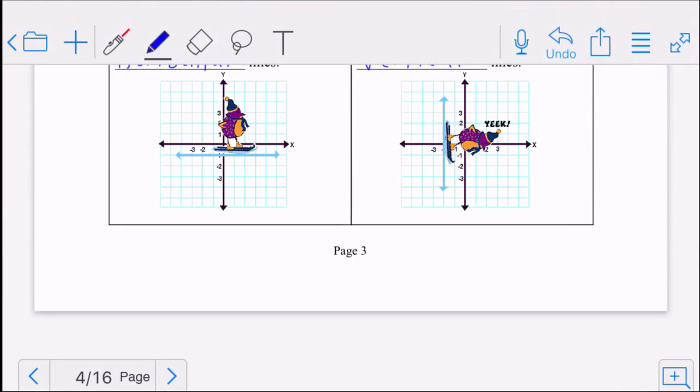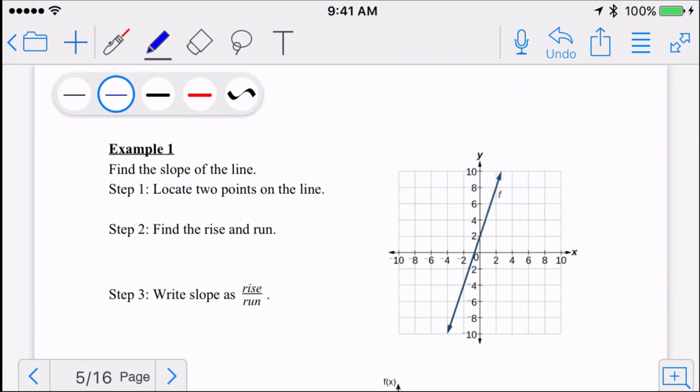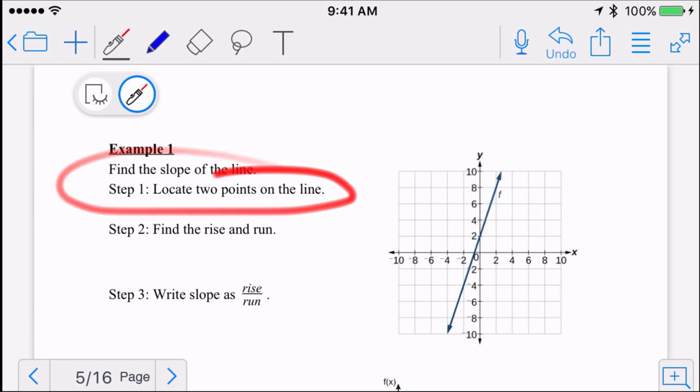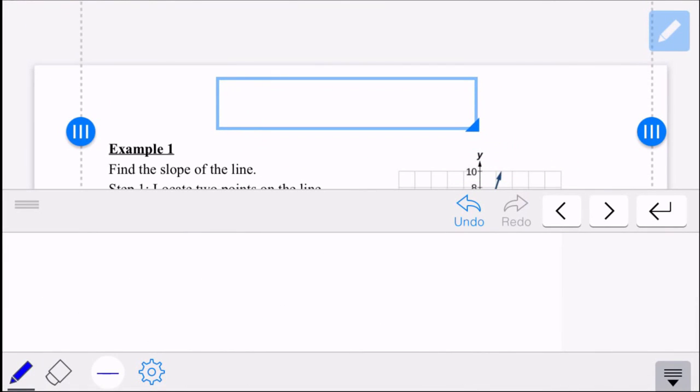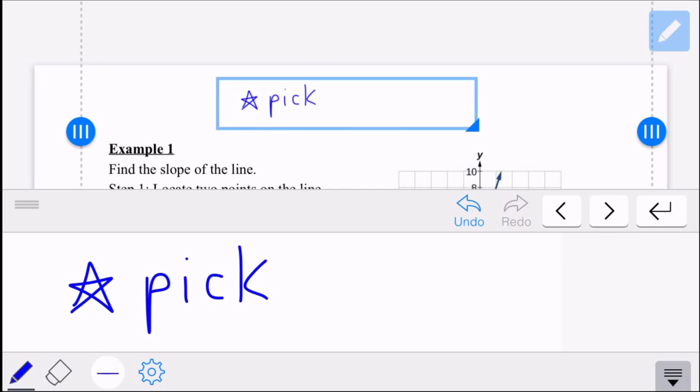Okay, so moving along, we're going to see how to use this when we have a graph. All right, finding the slope of this line. Your first step is going to be to locate 2 points on the line. Big key thing here, just pick easy points, okay? Don't try to pick anything that's in the middle where you have to guess the decimal.